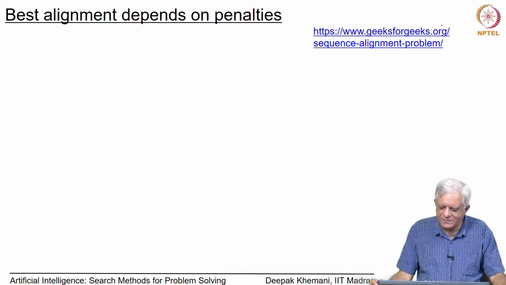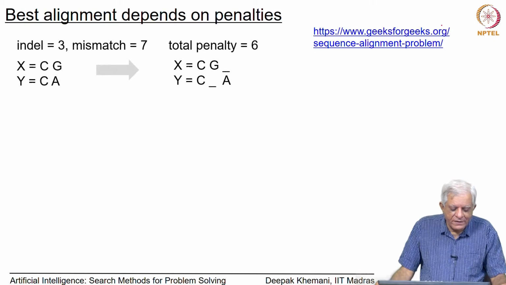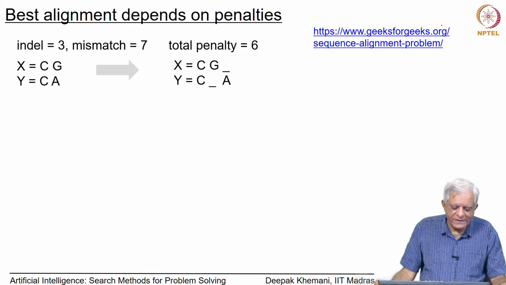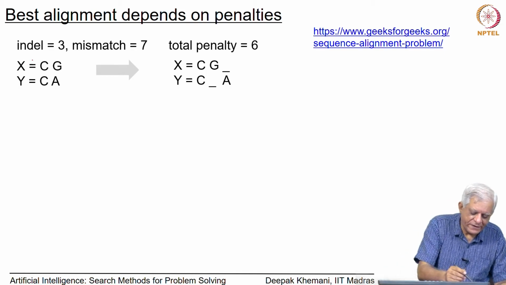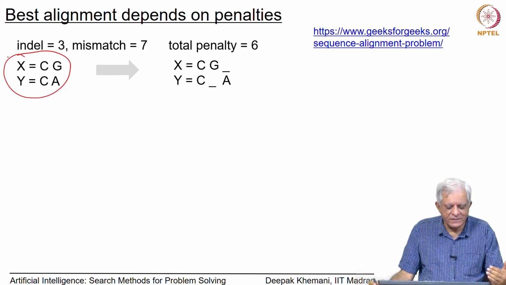So, let us see a couple of small examples which I have taken from this site which is listed here. On the left hand side is the input, the two sequences x and y that we want to align.